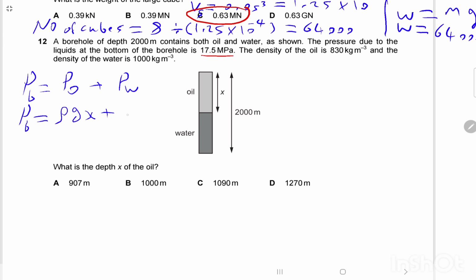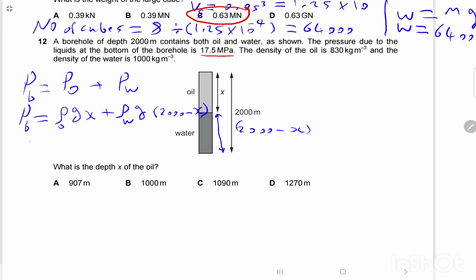Plus pressure due to water is rho water times g times the depth of water. Depth of water is from here to here, which is 2000 meters minus x.